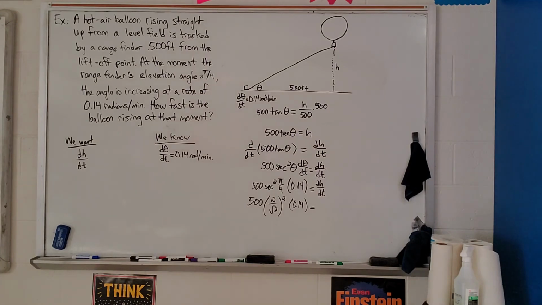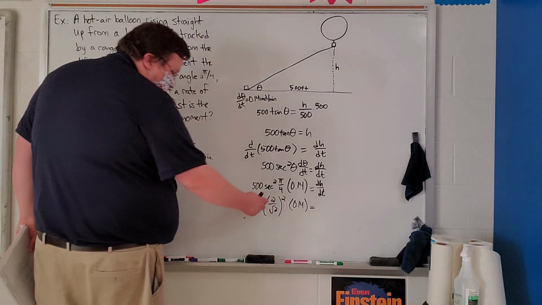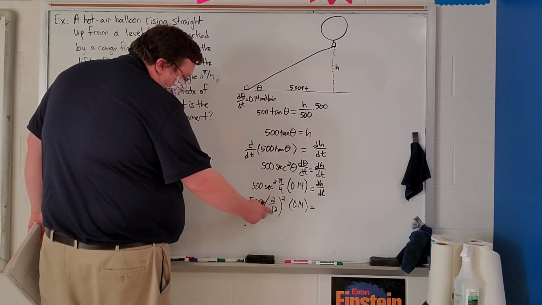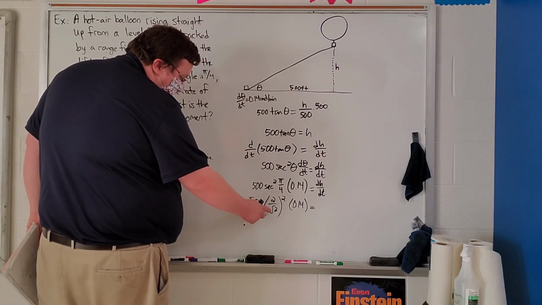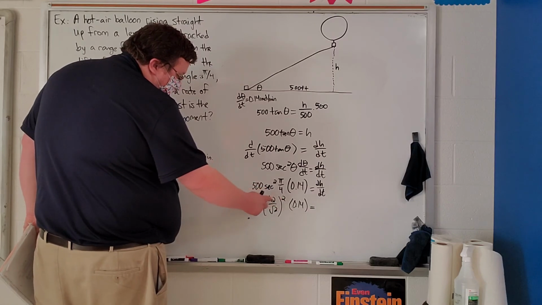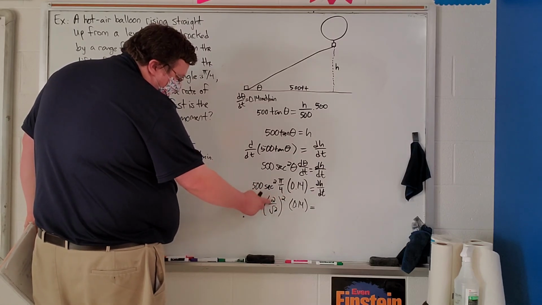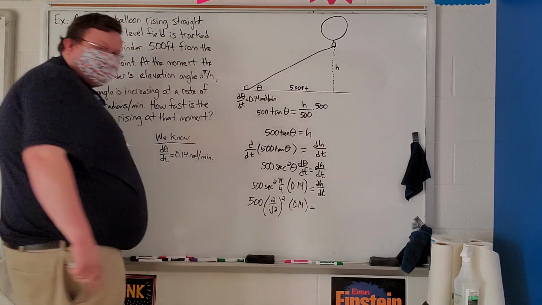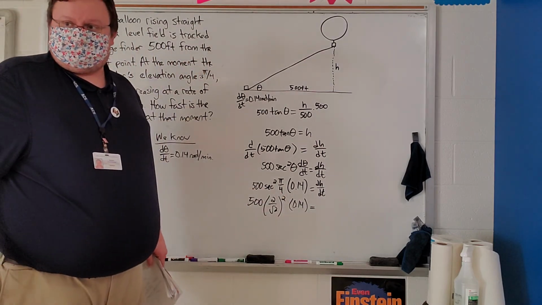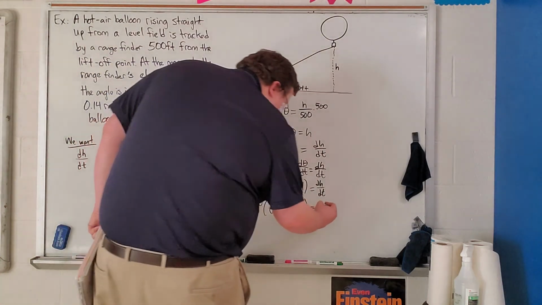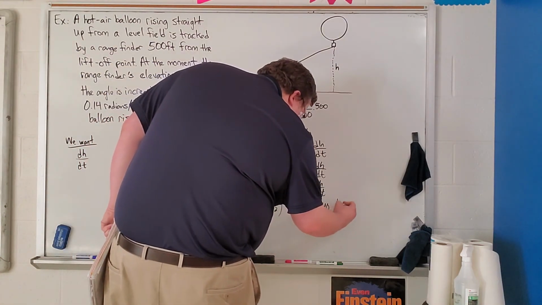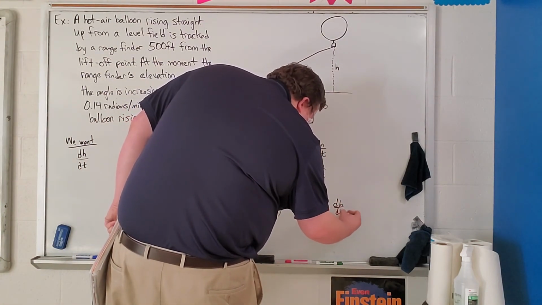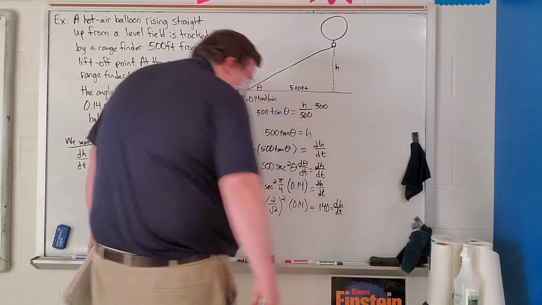Because when I square it, I get 4 over 2, which is 2. 2 times 500 is 1,000, and 1,000 times 0.14 is 140. So you get 140. That's dH dt. So that's the rate it's changing.